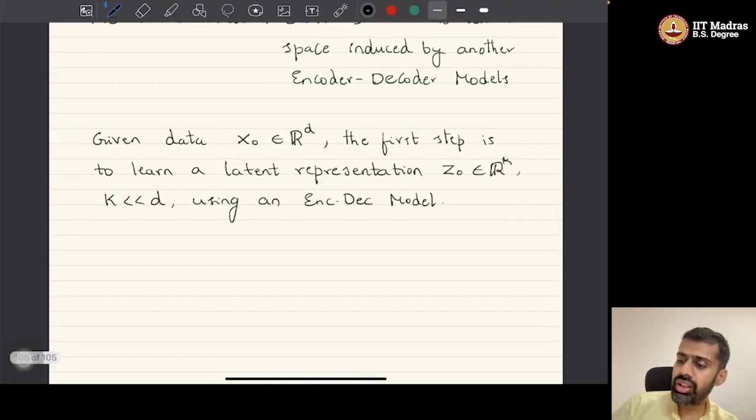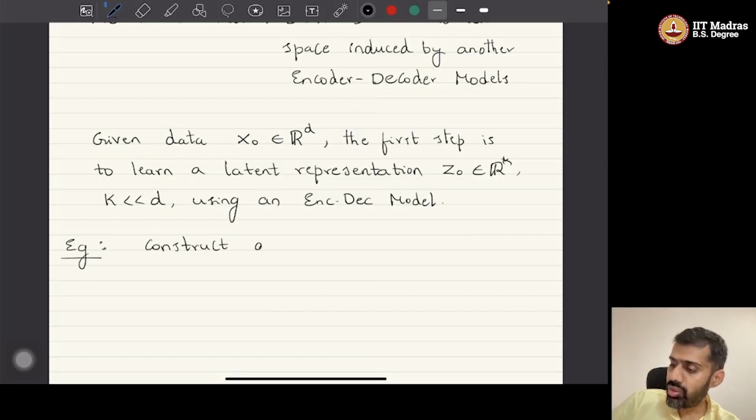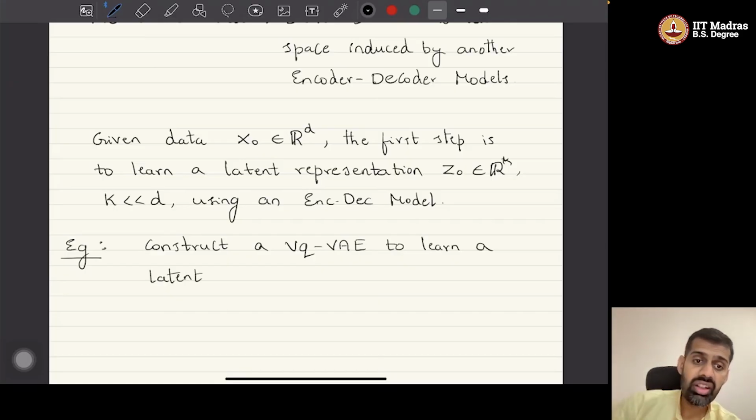An example that is typically used for image datasets is to construct a vector quantized VAE, or a VQ-VAE, that we have seen before, to learn a latent space. We know that in a VQ-VAE, the latent space is deterministic in the sense that given a particular x0, it will give one deterministic vector which is vector quantized.